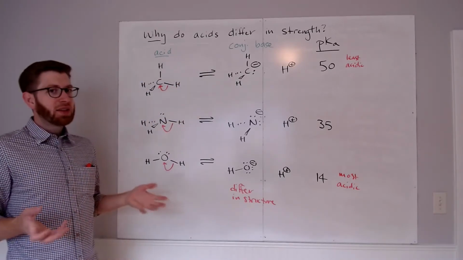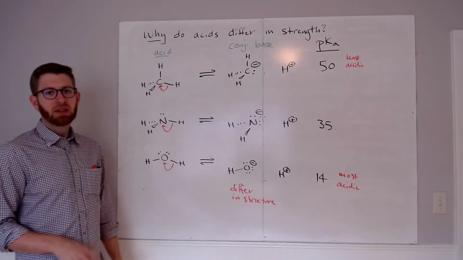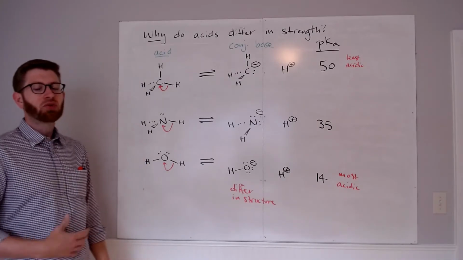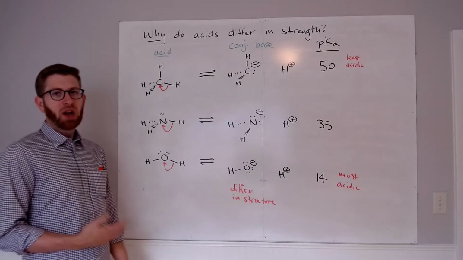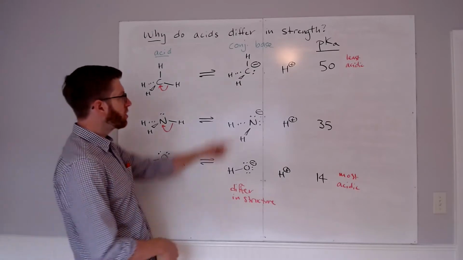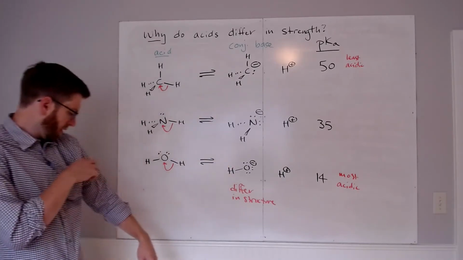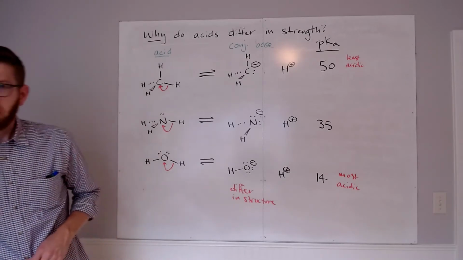Now, it would be nice and probably intuitive to say, oh, it's the structures of the acids that make a big difference. And that can sometimes be true, but what we know from a lot of study and theoretical work is that for the most part, it's actually the structures of the conjugate bases that are going to matter the most, right? So this is a really important concept that I want to make sure that we get on the board here.